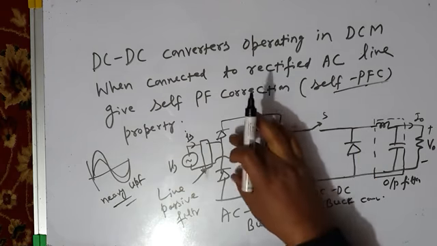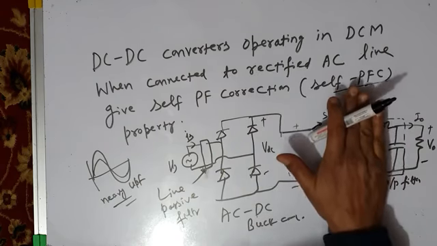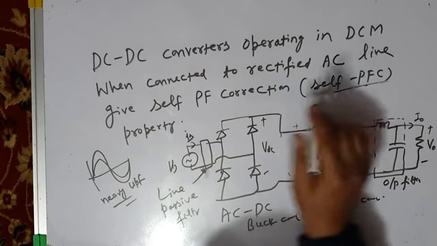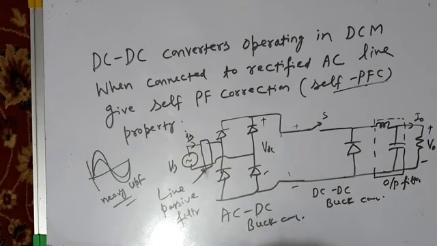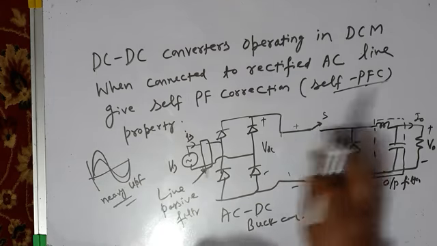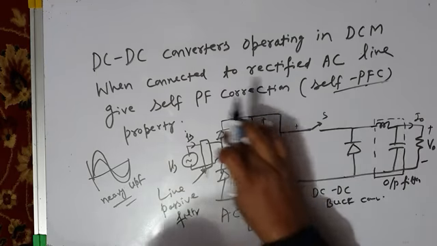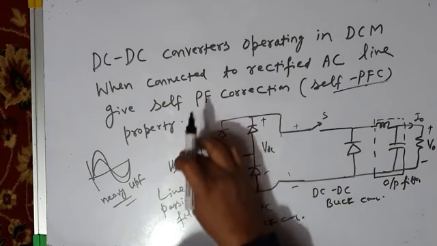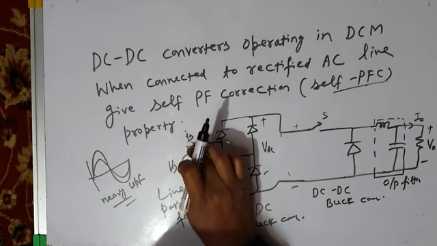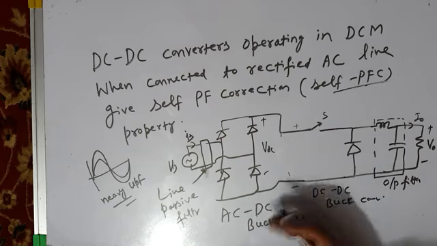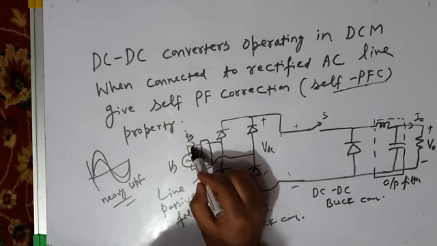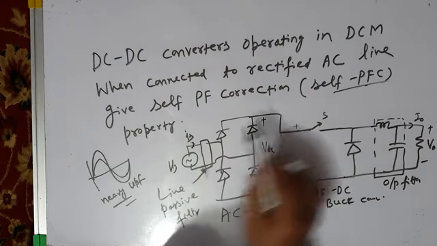If you supplied this load directly from a rectifier, with no DC to DC converter in between, or from a phase control converter, controlling the load voltage with firing angle control, then your source current would have been highly distorted and you would never get power factor correction. But if your load is supplied by a DC to DC converter, and this DC to DC converter is connected to a rectified AC line, then the source current drawn from the source by this AC to DC buck converter, or later on an AC to DC boost converter, etc., becomes very nearly sinusoidal and it has the self power factor correction property.